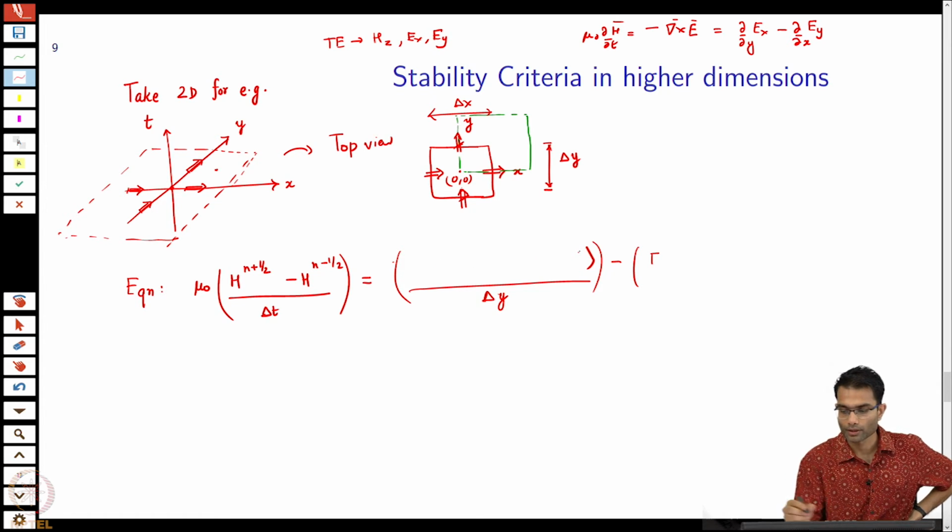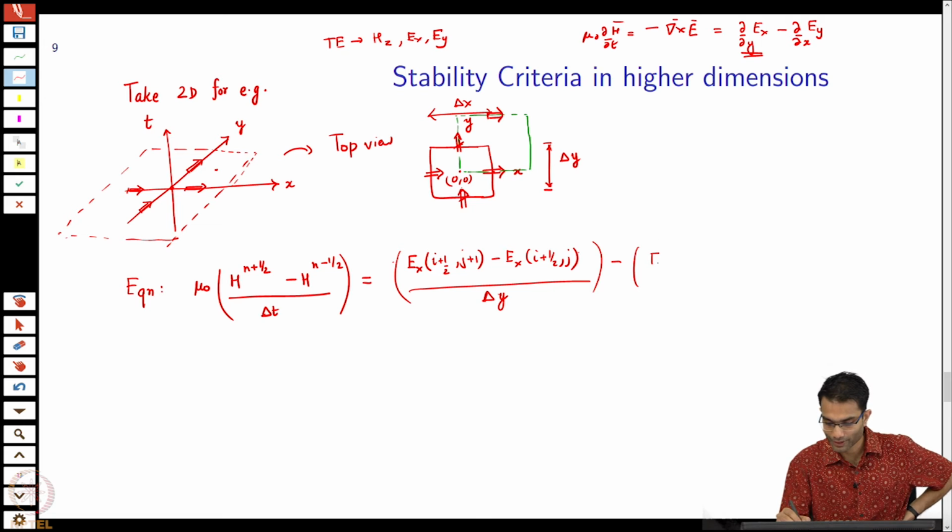Okay. This is the first term we are looking at, Ex partial derivative with respect to y. Okay. So, this is Ex. What is the location? So, I am subtracting this and this, right. So, Ex i plus half, right, and j plus 1 minus Ex i plus half j.